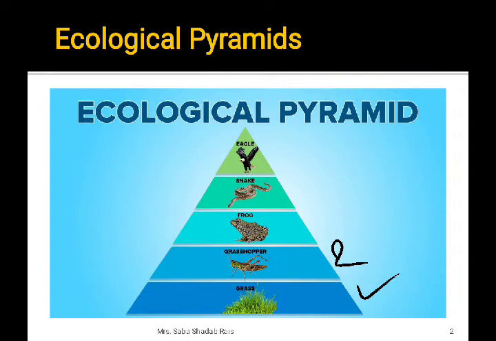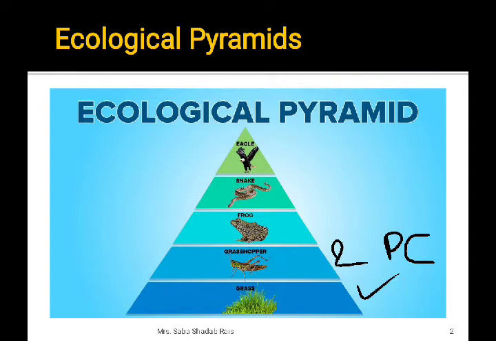They are called the primary consumers. What are they called? Primary consumers. The primary consumers are the first level of consumers. Producers are only one level, and their number, energy and biomass will be extremely high in the ecosystem. Understood?